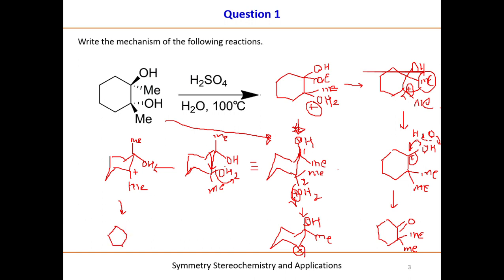So here we will observe 5-member ring formation along with carbocation formation over the other carbon atom.